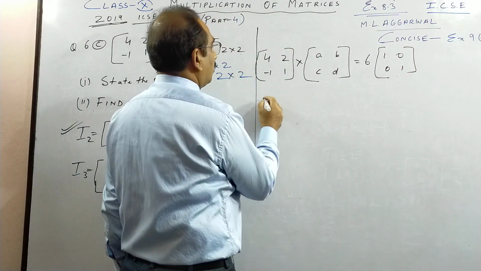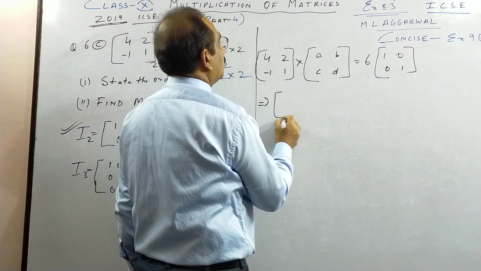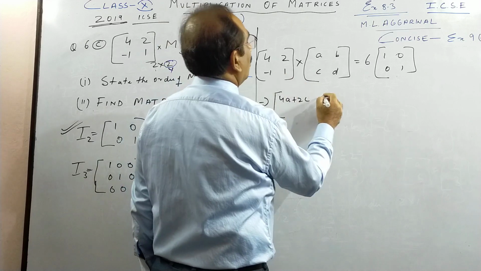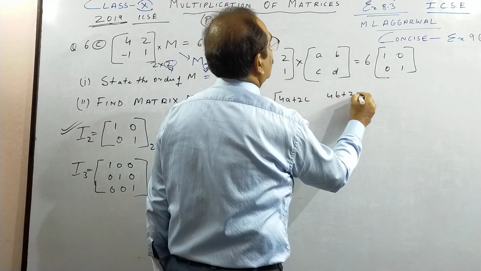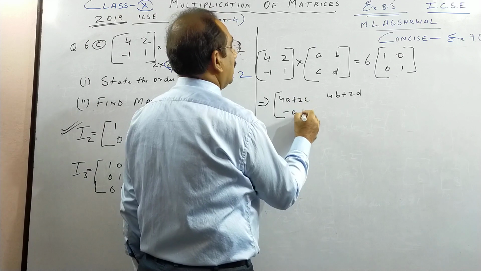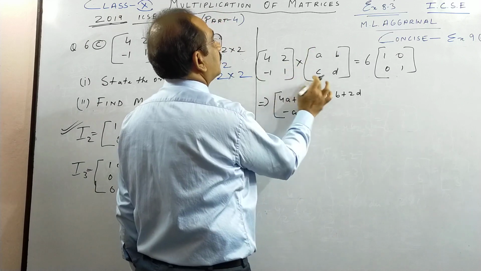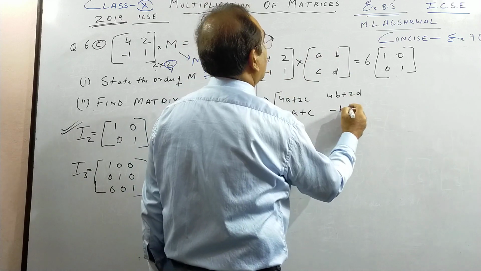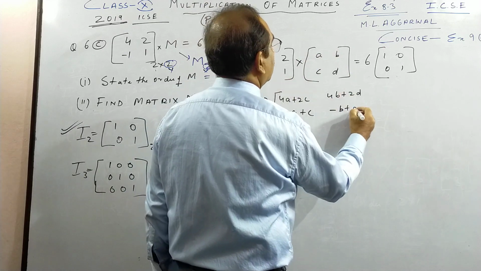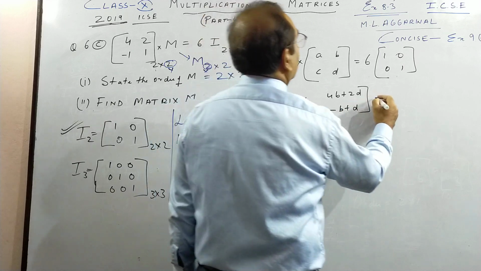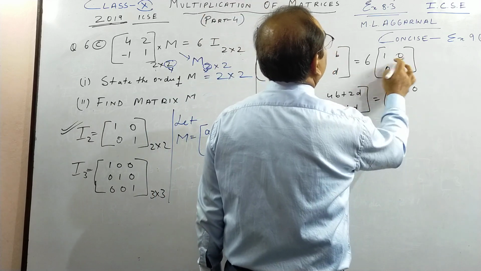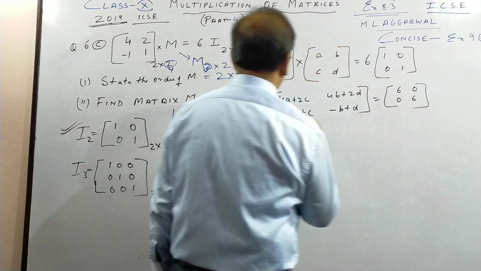So finally we have 4a plus 2c, 4b plus 2d, minus a plus c, and minus b plus d, equal to 6 0 0 6, since it is multiplied by a scalar.